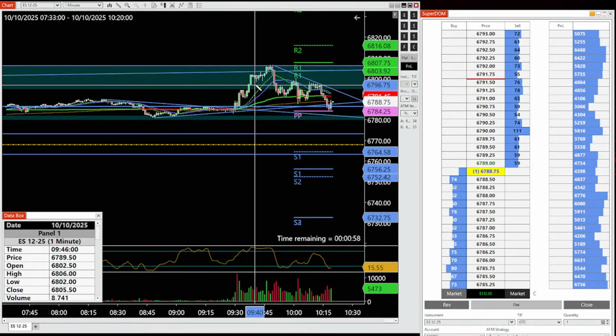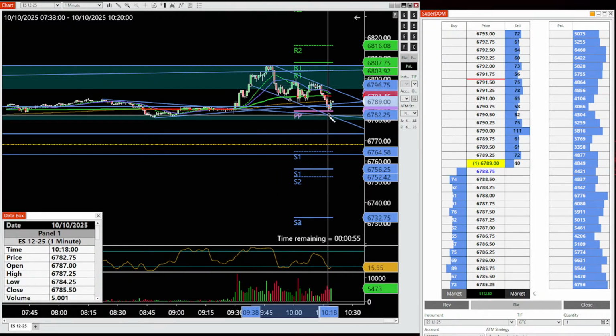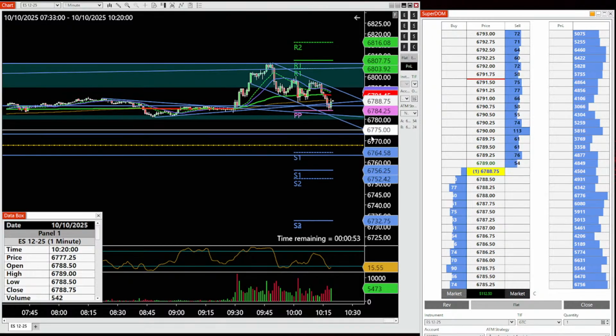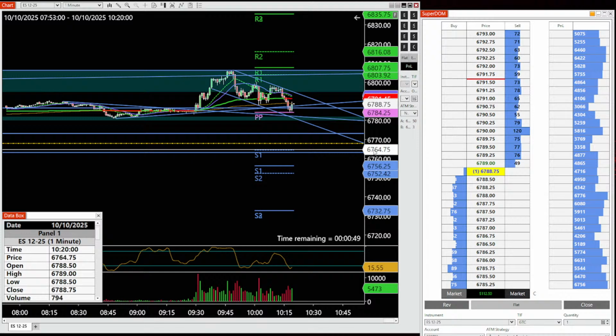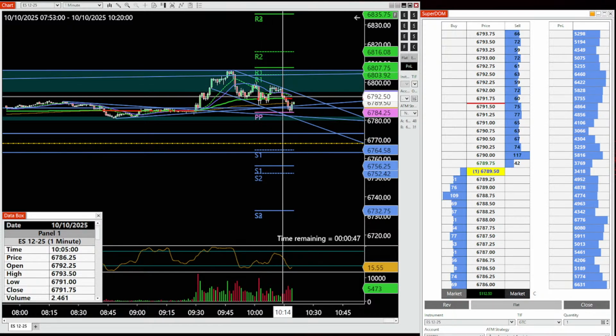See if we can find out what's going on here. We got ourselves a minor downtrend.